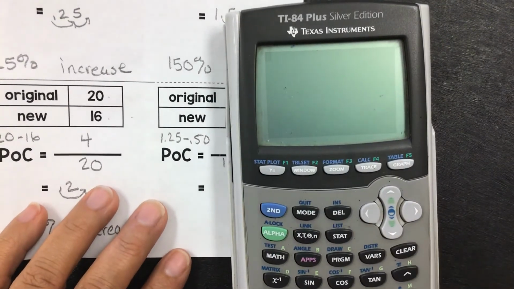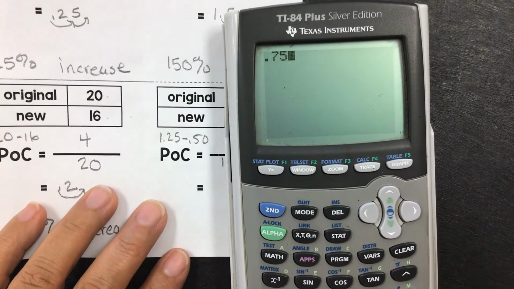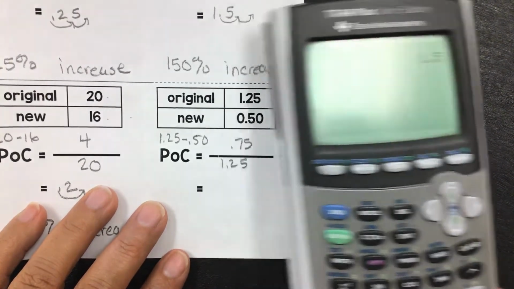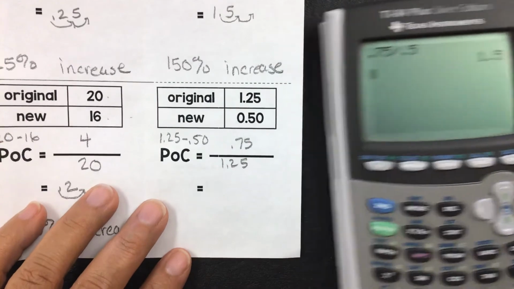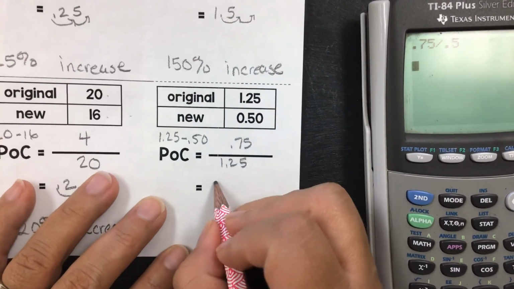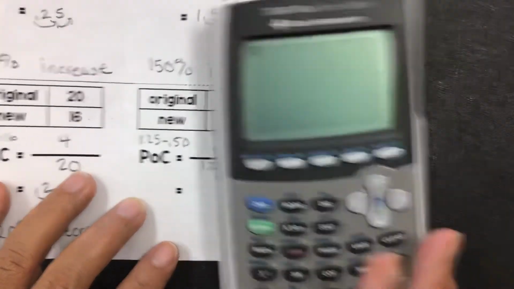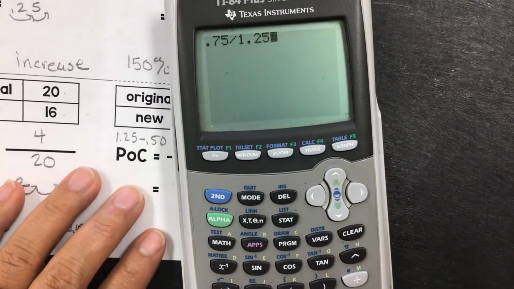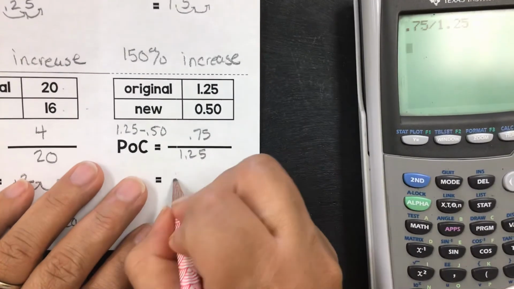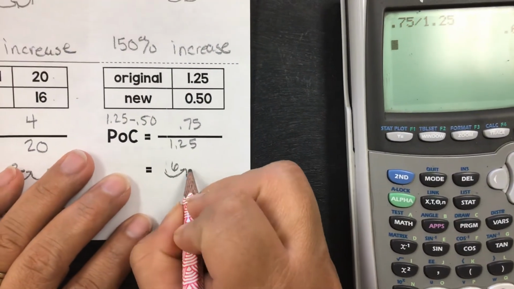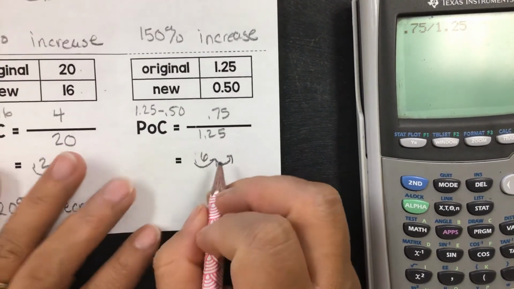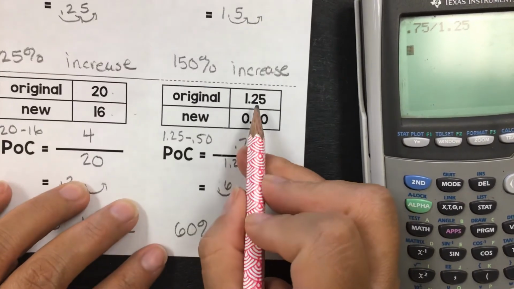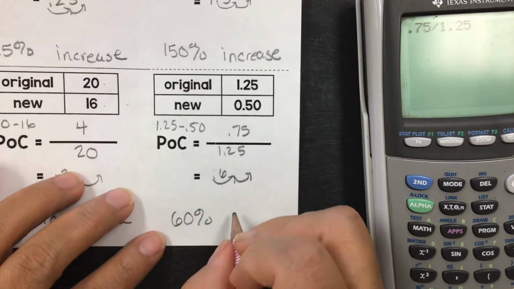We divide those two numbers, this was 0.75 divided by 1.25. And it's 0.6. Move the decimal place 2 over. That makes a 60%. And since it went from 1.25 to 0.5, it's a decrease.